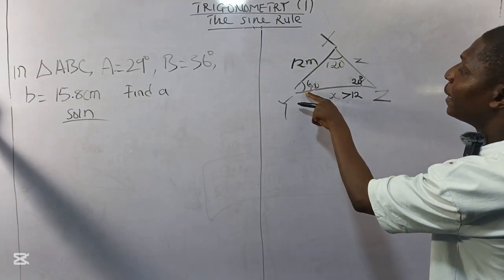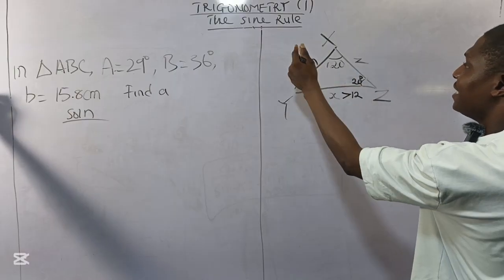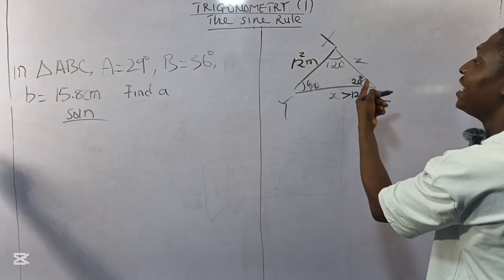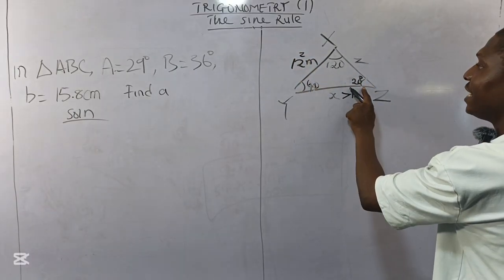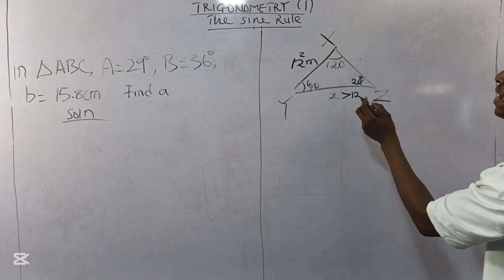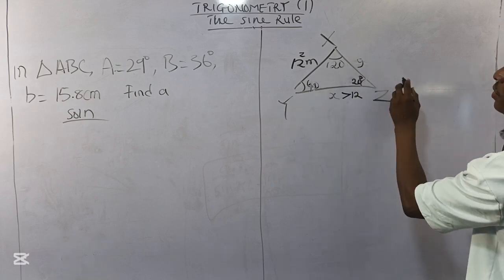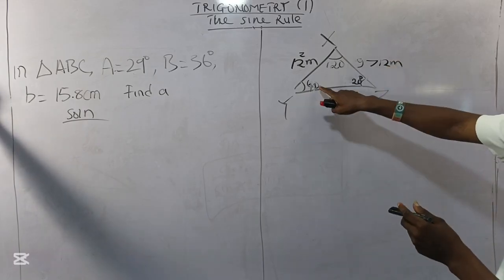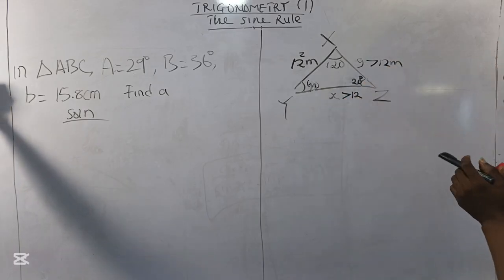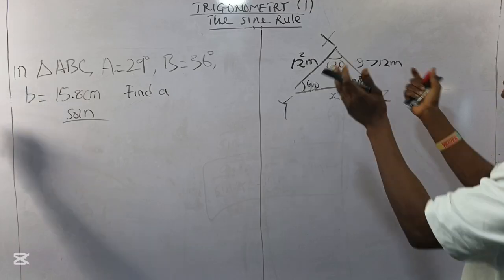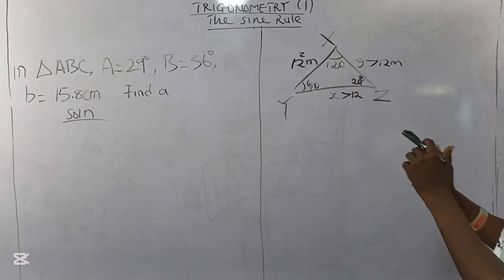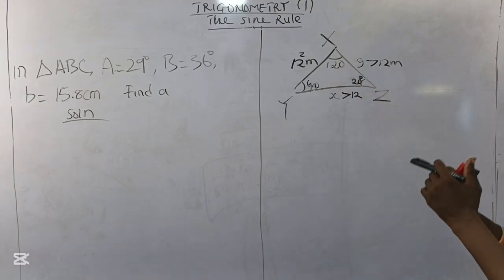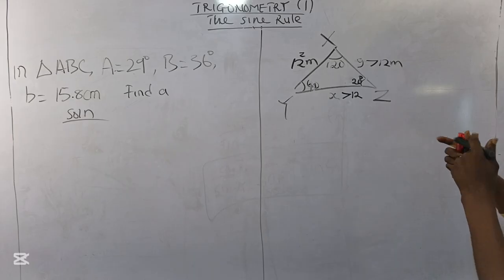So if my side z is 12 meters and is 20 degrees, and this is 40 degrees, greater than this, then my y must be greater than 12 meters also. Why? Because 40 degrees is greater than 20 degrees. That's the first information. The biggest angle among the three angles will have the biggest side, and the smallest angle will have the smallest side.